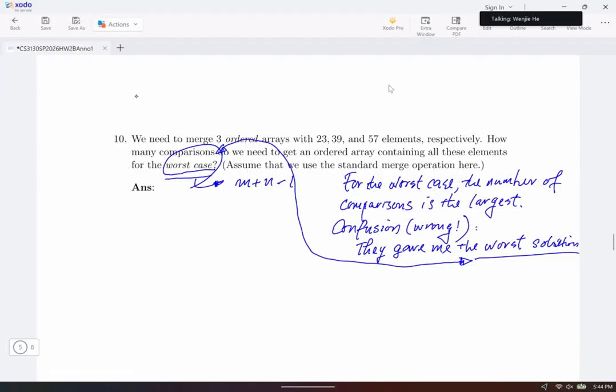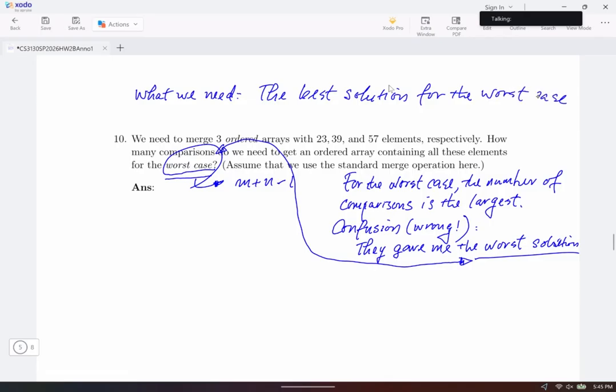All right. So what we need is the best solution for the worst case. Still the best solution, right?